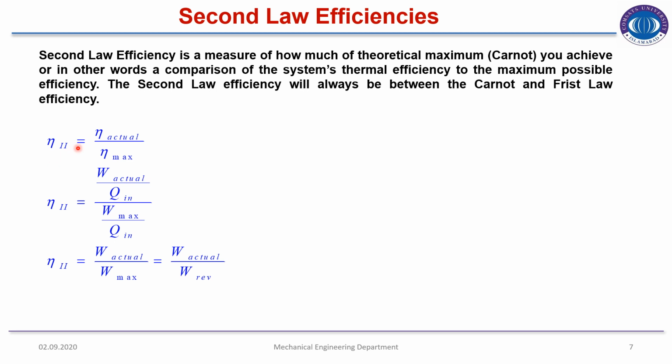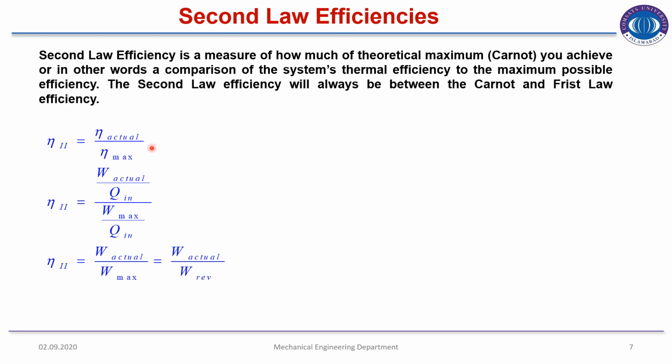So second law efficiency is equal to actual thermal efficiency divided by maximum thermal efficiency. Actual efficiency is W actual divided by Q in, so here we have a practical heat engine.